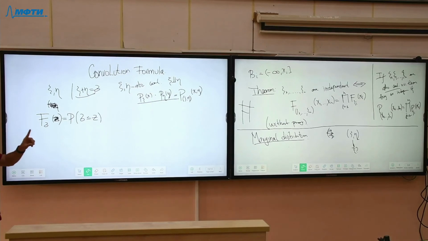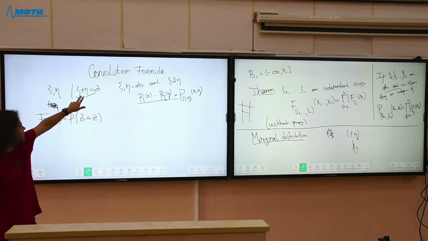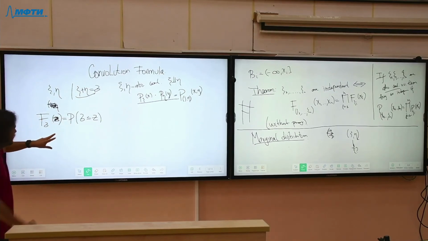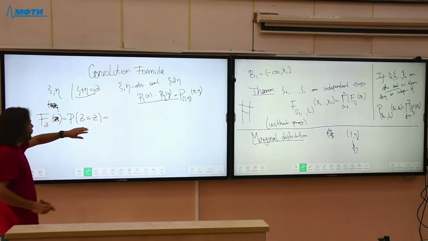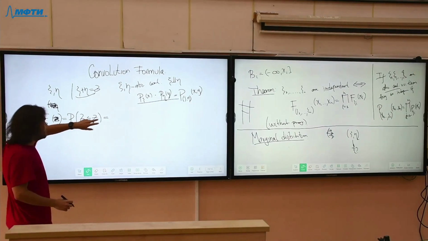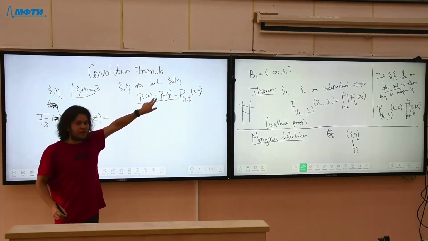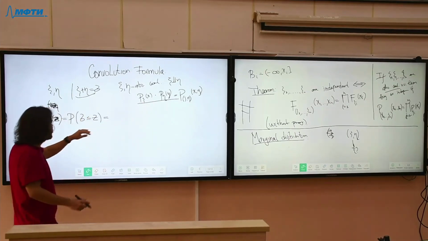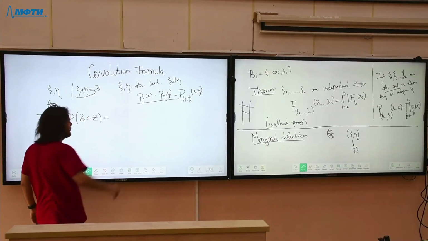Well, before that, we have to think about this. Okay, let me show you. So look, we have this. What is this then? Let's use the PDF, not the CDF. How do we express this using the PDF?